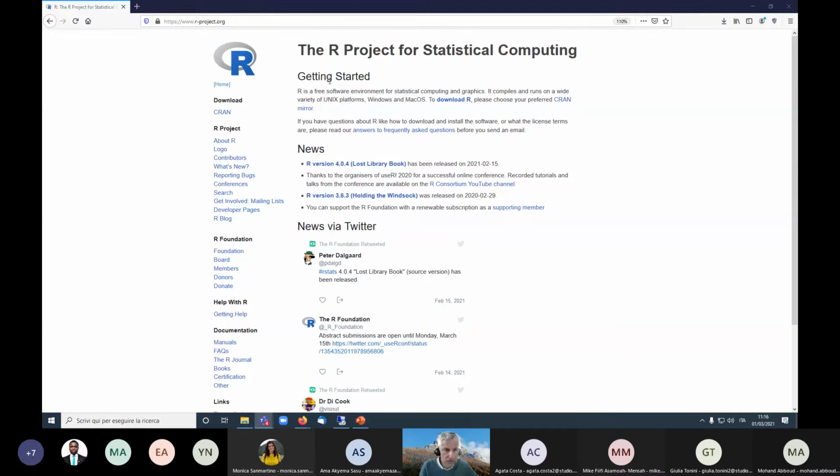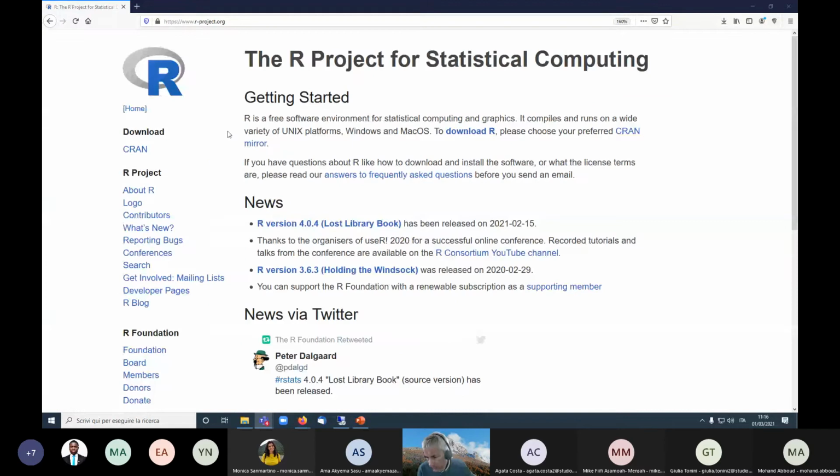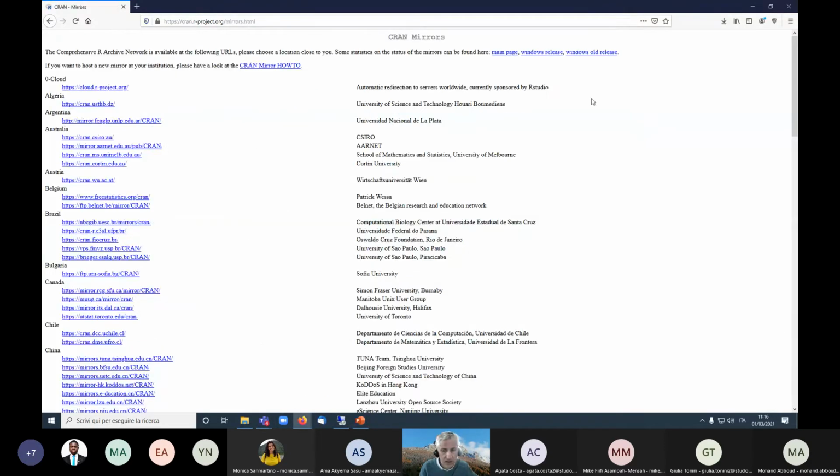So I think the first thing that we have to do is to download it. So if you look at download, let me expand the font. Okay, download, there is a link, CRAN. You can just click on this without wondering what is CRAN. It's not a problem. And then you have to select a mirror. It doesn't matter. You can choose whatever mirror you want.